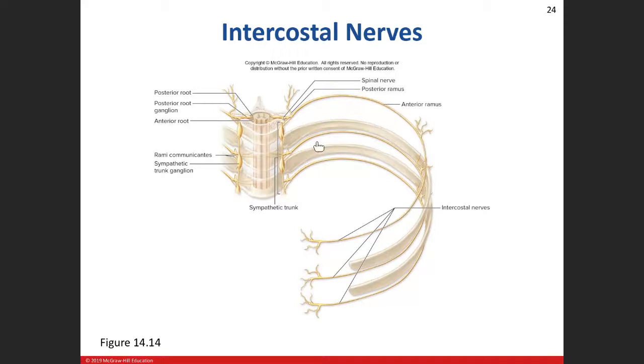Now, normally, if you look closely, the intercostal nerve sits closer to the inferior border of the rib, okay? So if you ever have to stick a needle into somebody's thoracic cavity, say to inflate a lung or drain fluid off of something in the thorax, normally what you will do is palpate the ribs, find the superior border, and then make the puncture in that area.